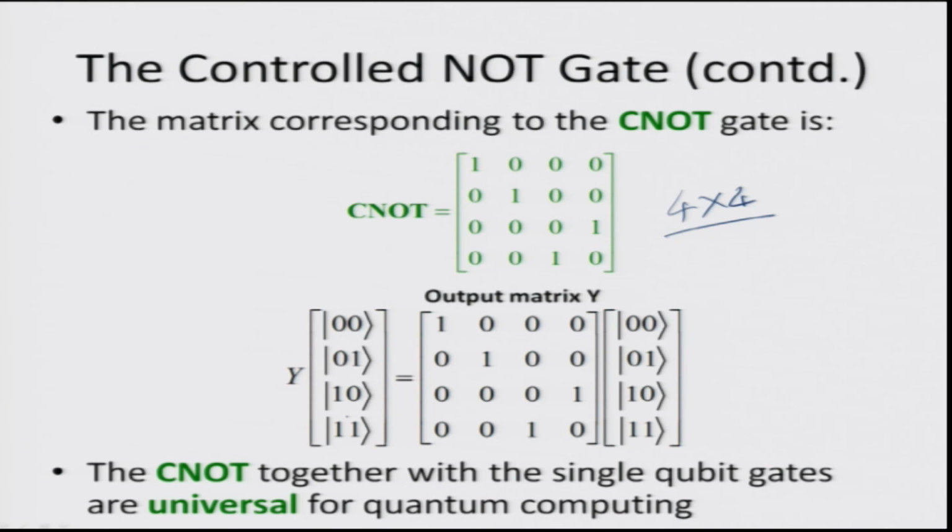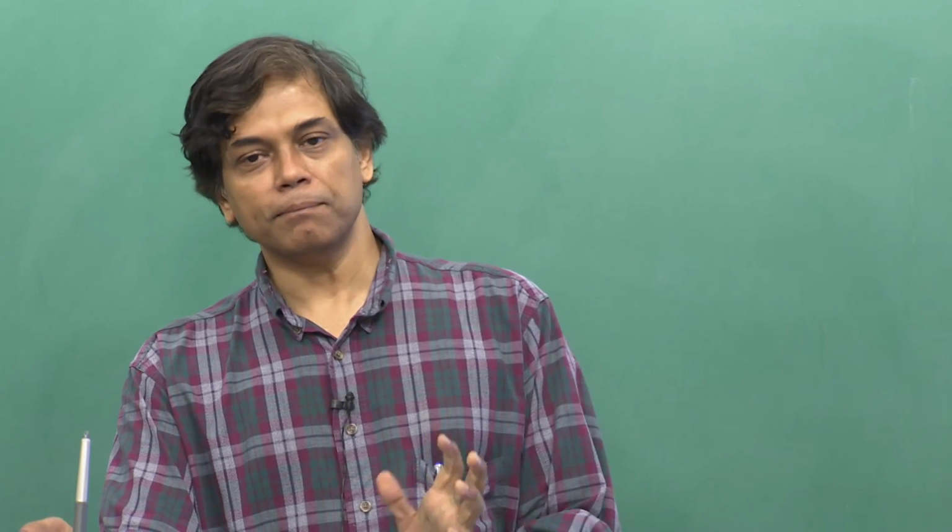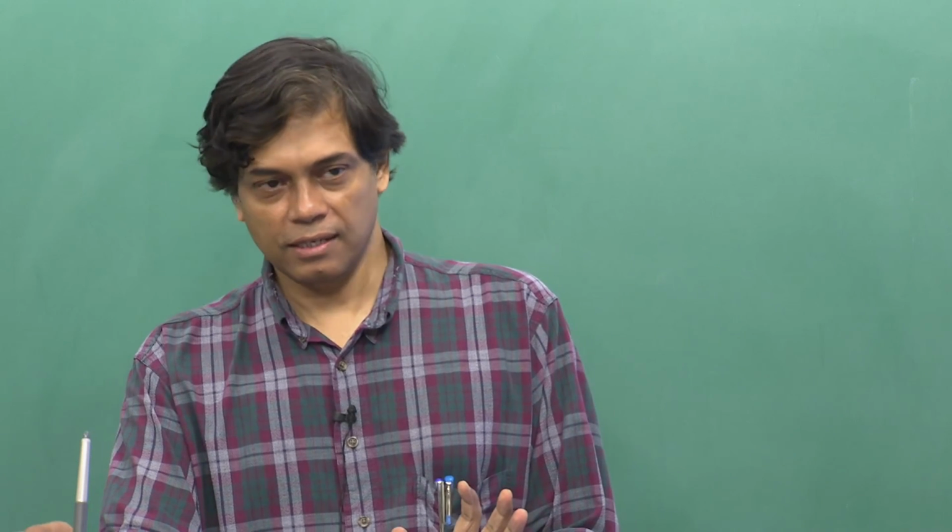Now, this CNOT gate along with the single qubit gates are universal for quantum computing. Irrespective of how you formulate your problem, these will always be a complete closed set.